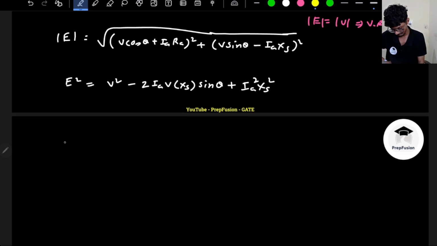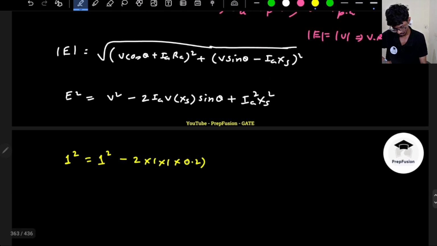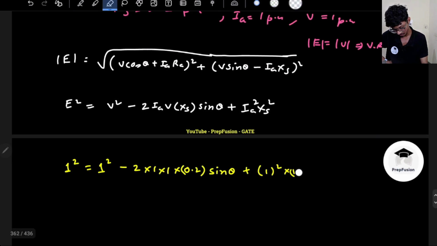So this will be 1 square, minus 2 into 1 into 1. Xs is how much? Xs is 0.2, into sin θ, plus Ia² which is 1 square, into Xs², which is 0.2 square, right?